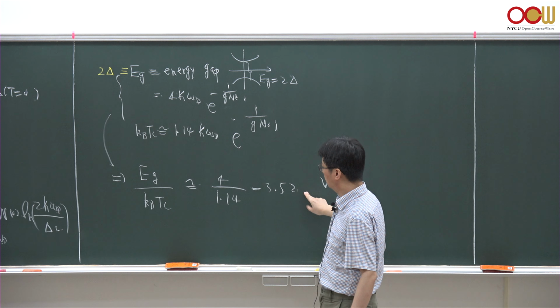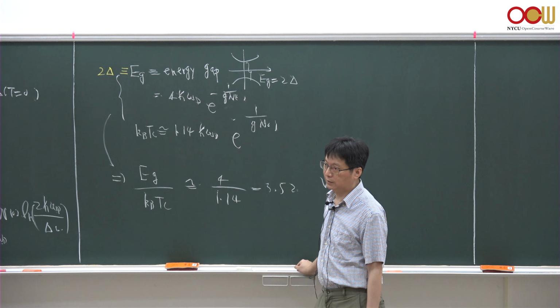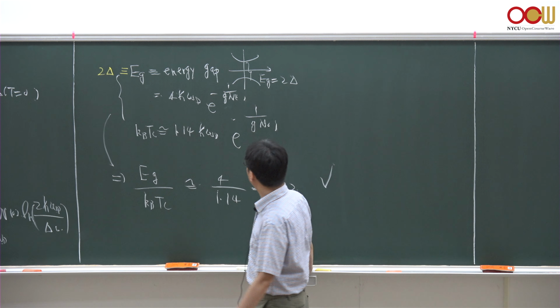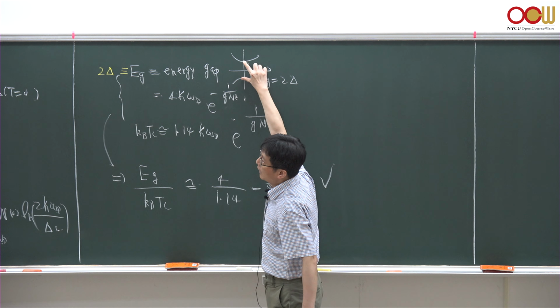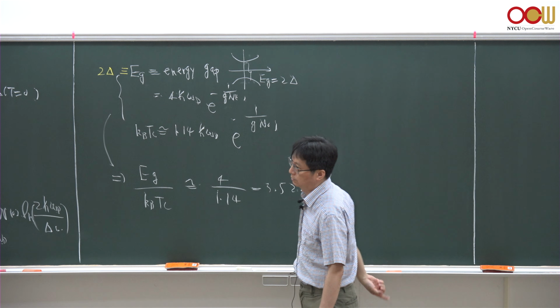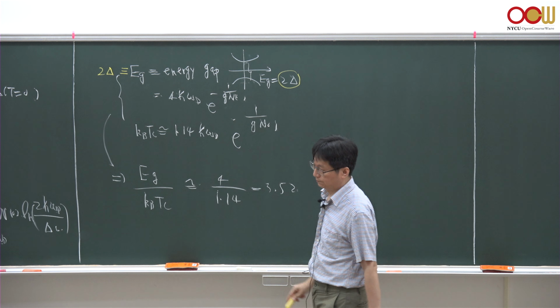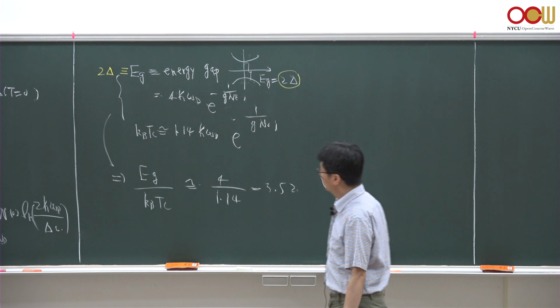Okay, so this is the original BCS prediction for ordinary metals when they become superconductors. And you can measure this energy gap between the lower branch of the Bogoliubov and the upper branch of the Bogoliubov quasi-particle band, and you get 2 delta. And you know what Tc is.